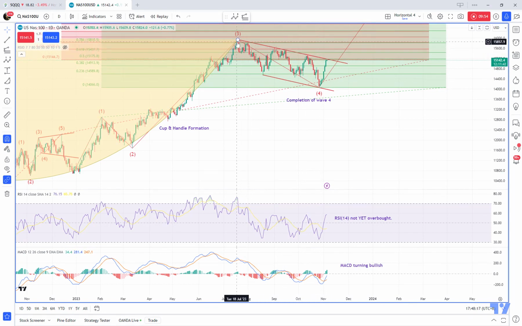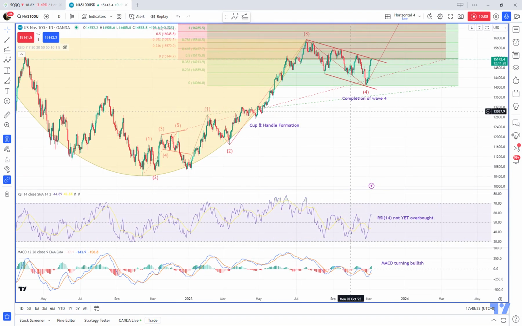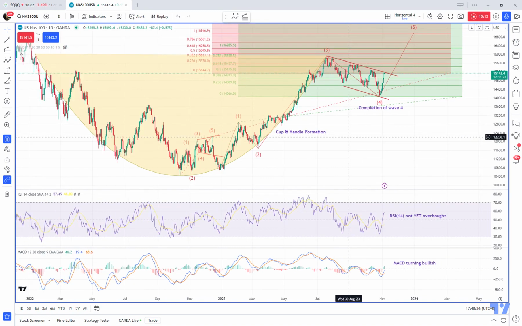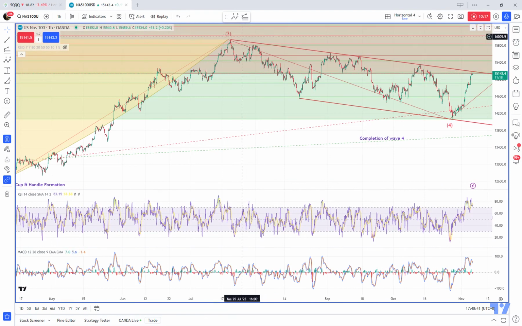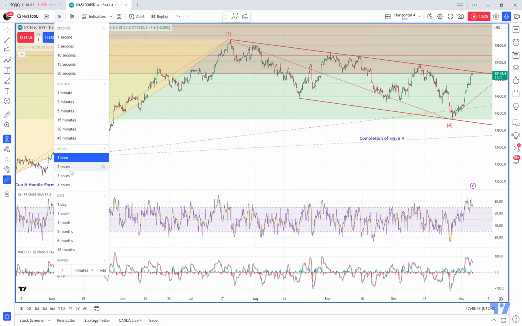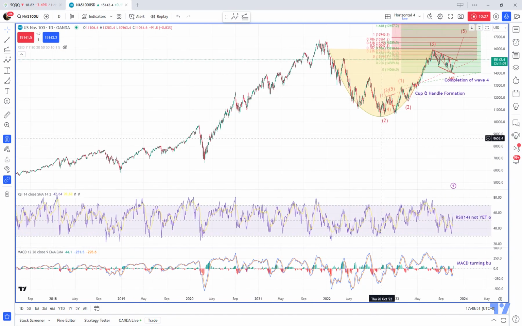So there is a way to count it, like 1, 2, 3, 4, 5, ABC, 1, 2, 3, 4, 5, then ABC again, 1, 2, 3, 4, 5. But I do not really like this kind of counting into the subwaves, because the lower the time frame you go, sometimes it could be a lot messier. So it is important not to lose sight of the big picture.